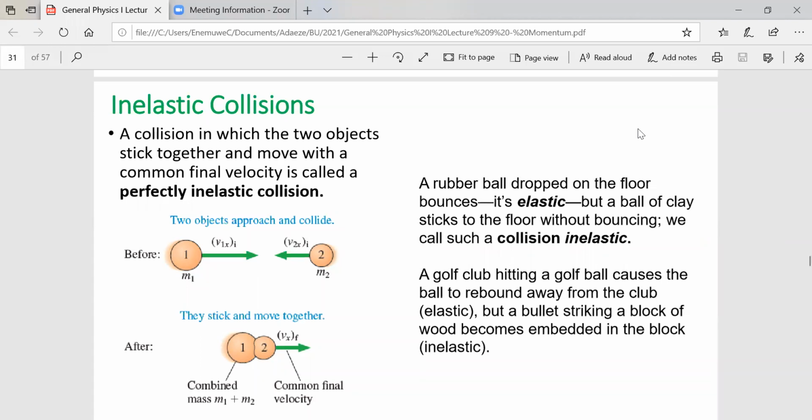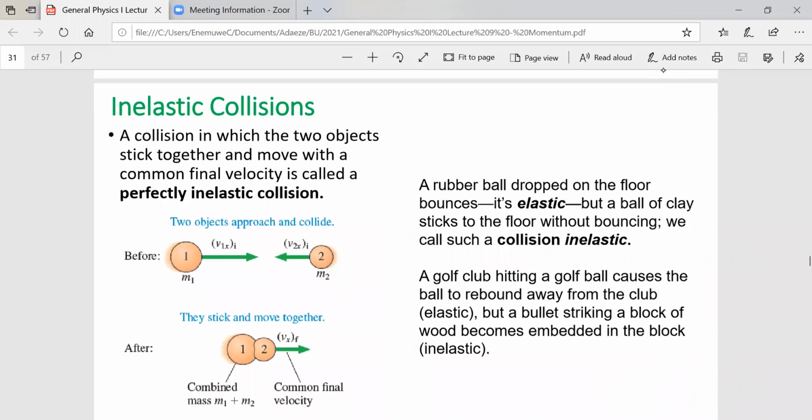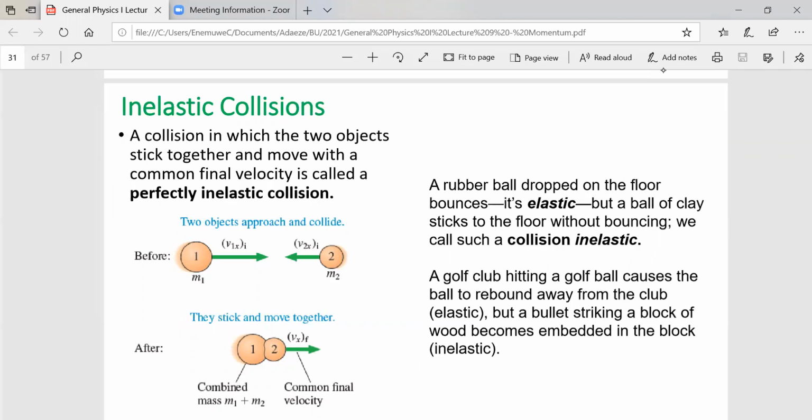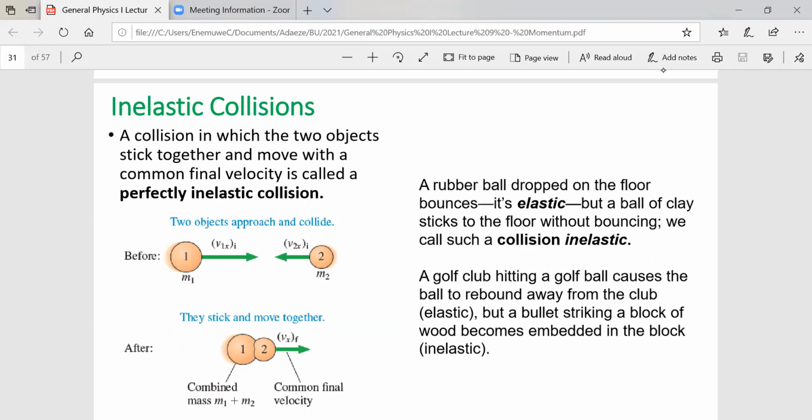Okay, so today we want to look at the concluding part of our chapter 9, and we'll start with the inelastic collision. We'll have elastic and inelastic collision as we've seen in our last lab class, but to treat the details of the elastic collision, we need to understand some basic principles about energy.